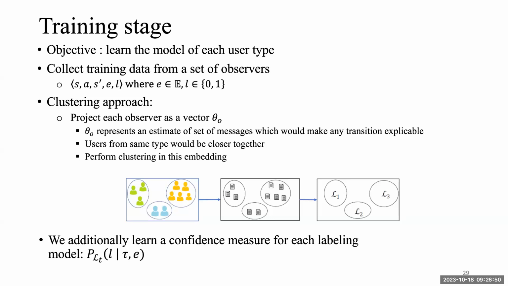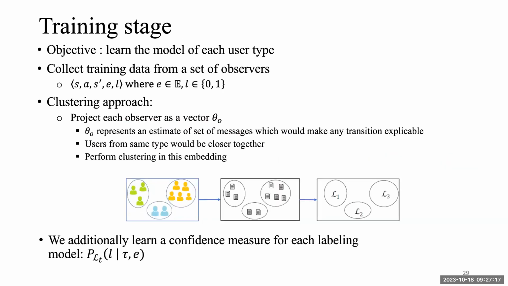The detailed procedure is in the proposal. But the core trick that we use here is that we project each observer as a vector theta naught, where theta naught represents an estimate of a set of messages which, when given to the observer, will make any transition appear explicable to them. We cannot calculate this exactly, but with the data, we can get an estimate of it.